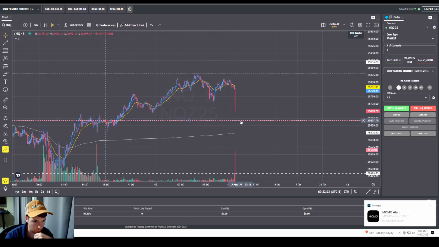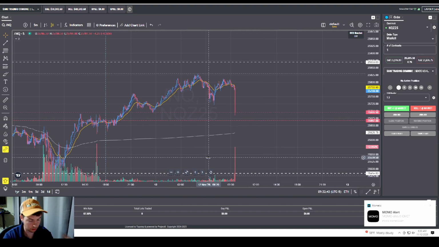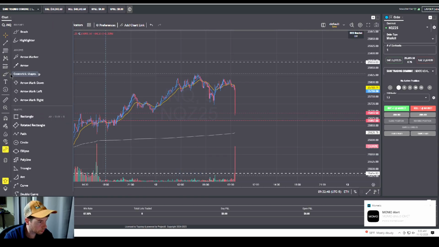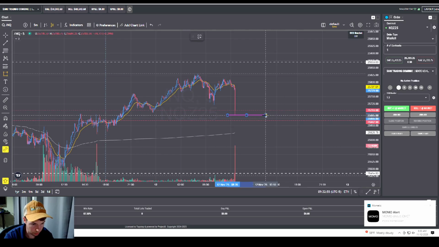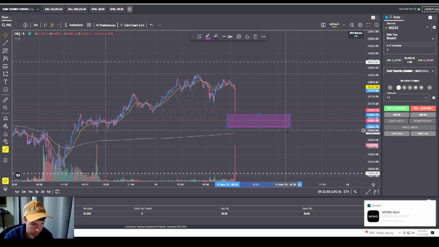Now if price rejects off of here, we may consider going long. But if it kind of consolidates on this line for a little bit, most likely what we'll do is take a short from the high of this range where it consolidates. Let me see if I can draw something really quick. So if price stays within a little window here, we'll take a short at the top of this range.